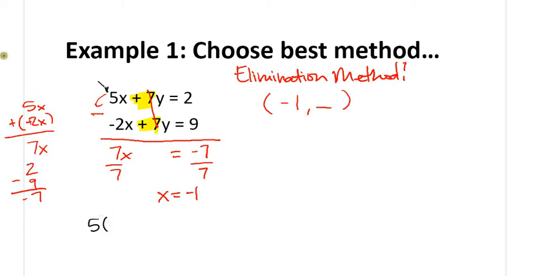So I'm going to say 5 times negative 1. I'm going to change that to red. Plus 7y equals 2. I'm just going to solve this for y. So since it's negative 5 here, plus 7y equals 2, I'm going to add 5 to both sides.